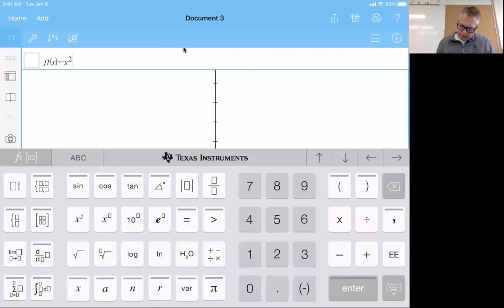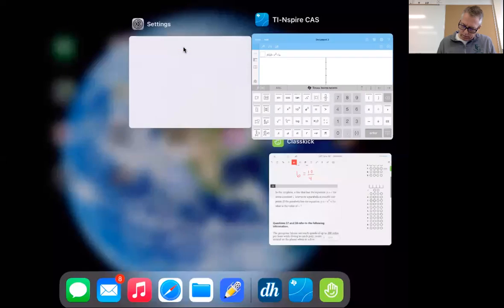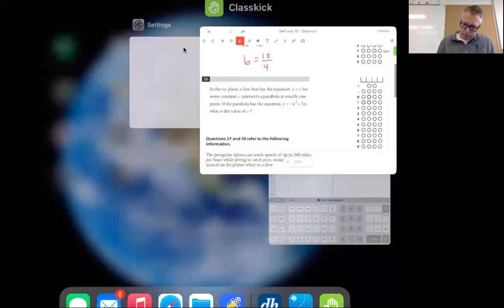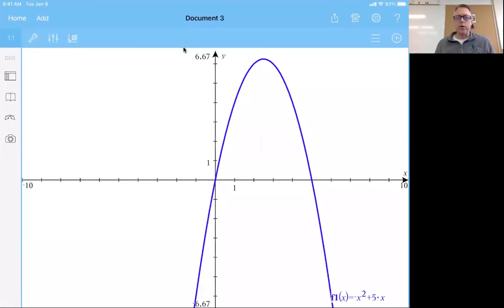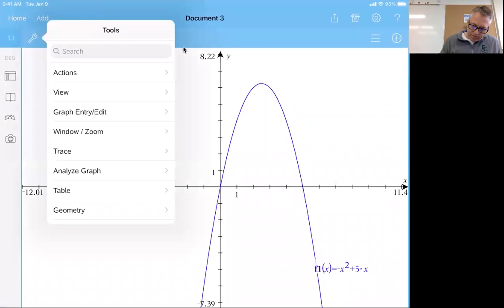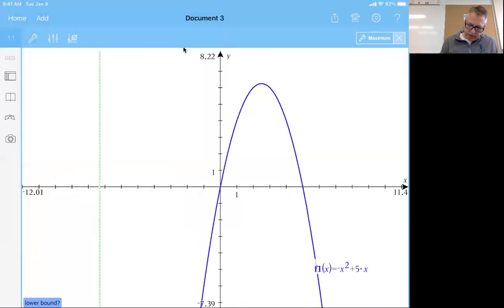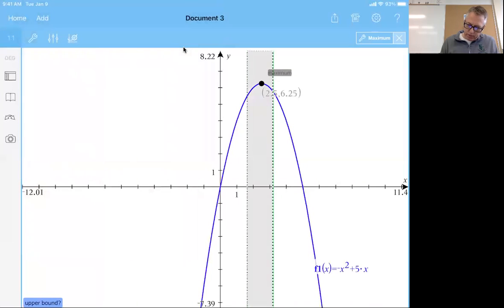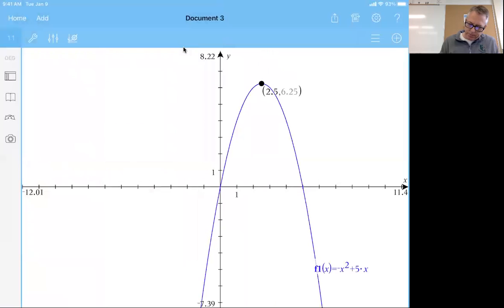It was plus 5x, I believe. I should double check before I screw that up. All right, and there it is. And so I want to find the maximum of that. So I'm going to go to analyze graph, look for the maximum. Okay, and there it is.